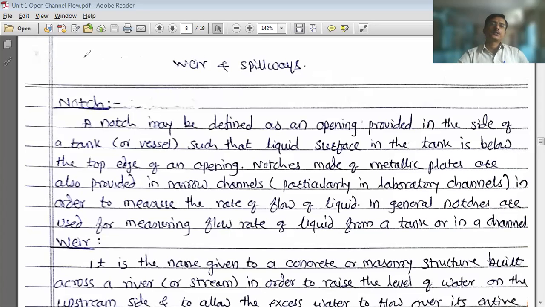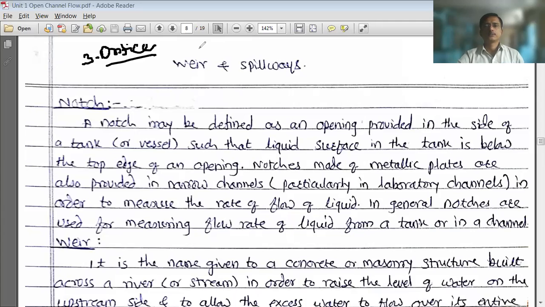In unit number 3, fluid kinematics and fluid dynamics, we have studied orifice. Right? So what is an orifice? Small opening in the side of the measuring device.